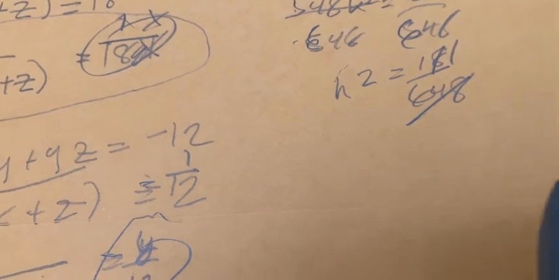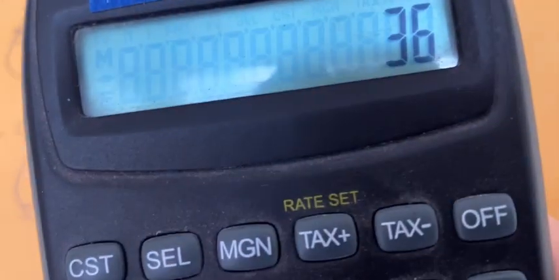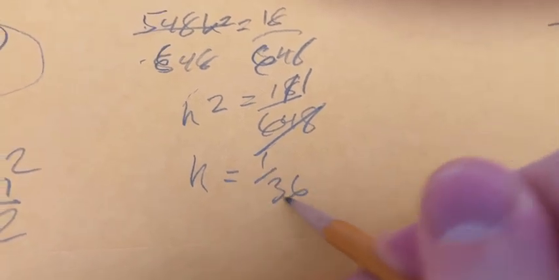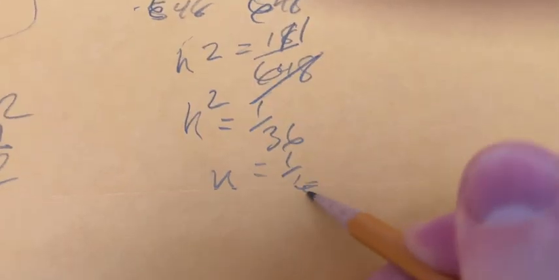All right, so 1 and hold on. Good. 36. Okay, all right, okay.